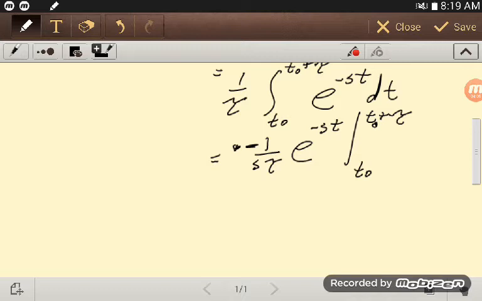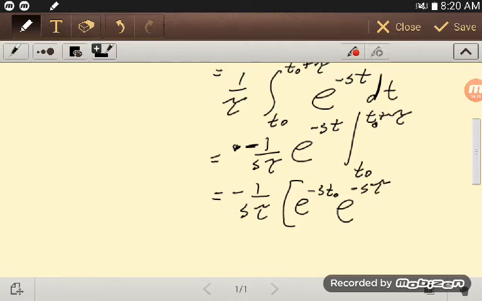And so now we put that in, so this is minus 1 over s tau, the upper bound, so e to the minus s t0, and then we'll have e to the minus s tau. Okay, so that's that upper bound, and I just separated out the two pieces after I multiplied by s.